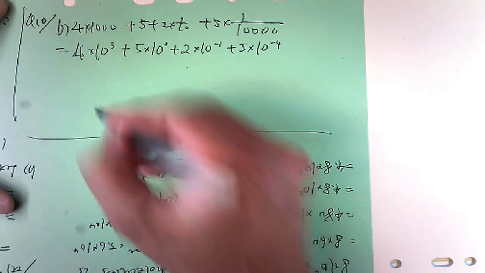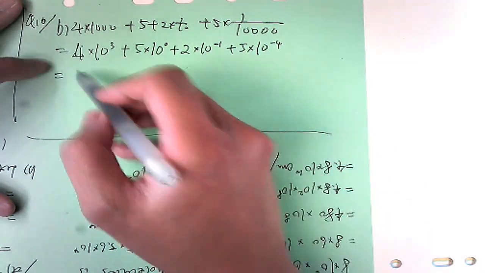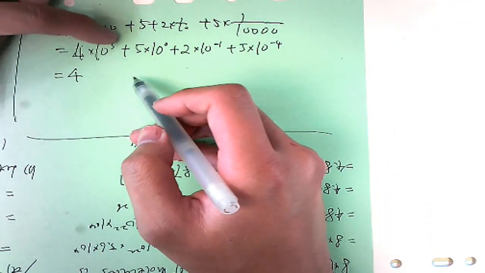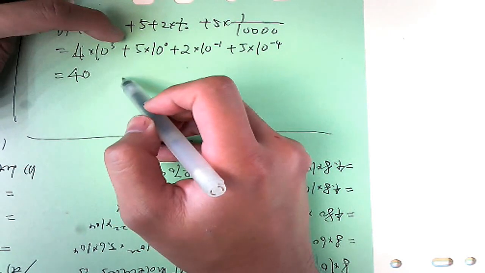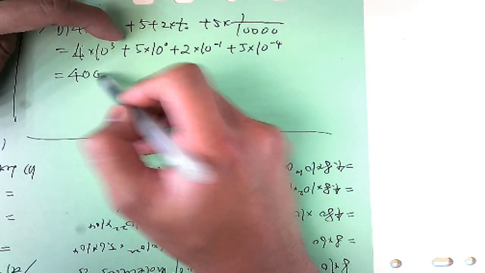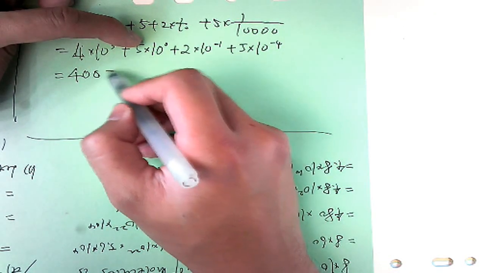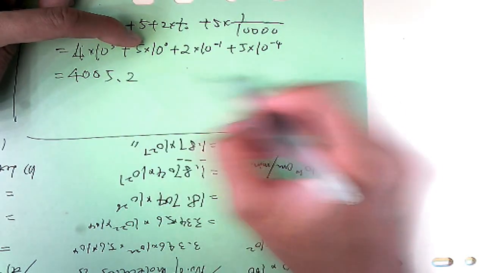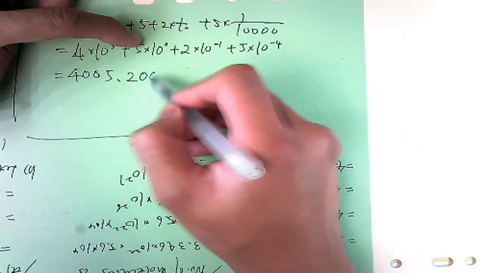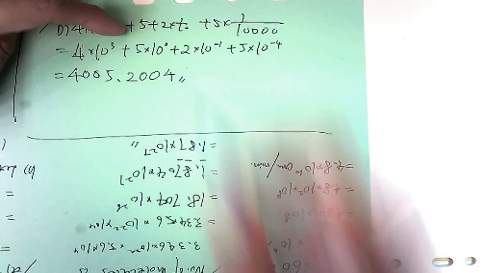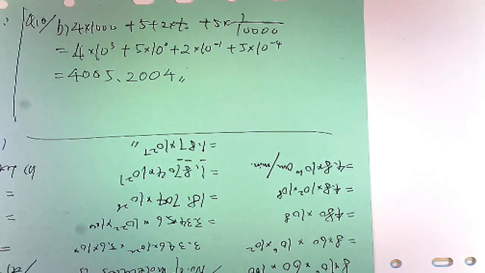Okay? So you can do it. It's 4. We do have 10 to the power 2, make it 0. We do have 10 to the power 1, make it 0. And then 5.2, we do have minus 2 minus 3, right? Make it like this. Okay? It's okay.